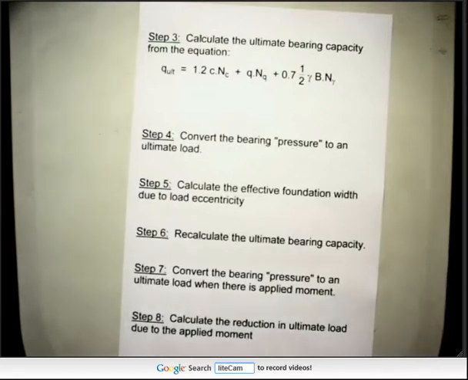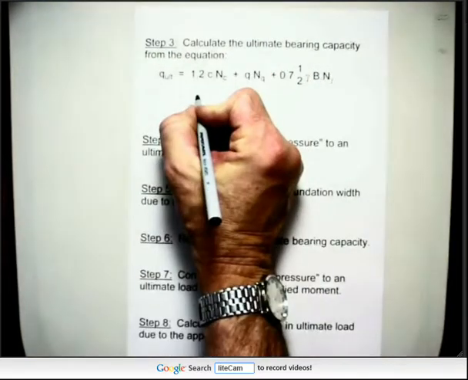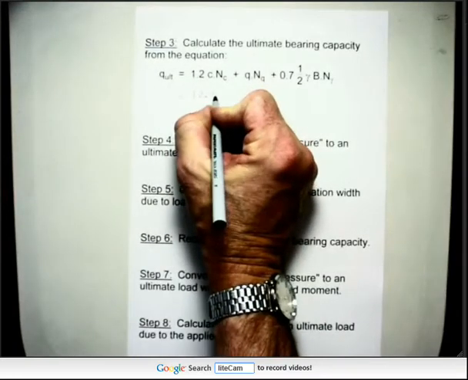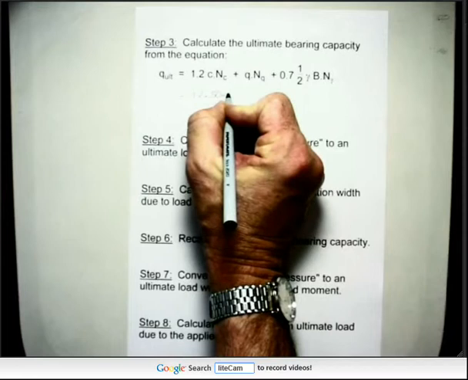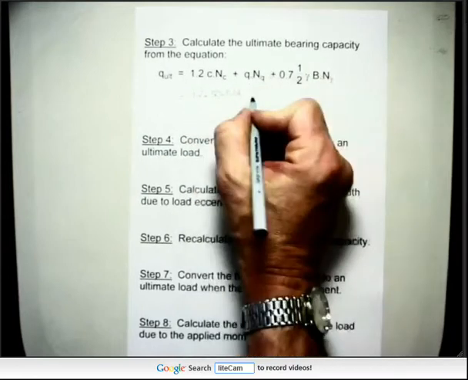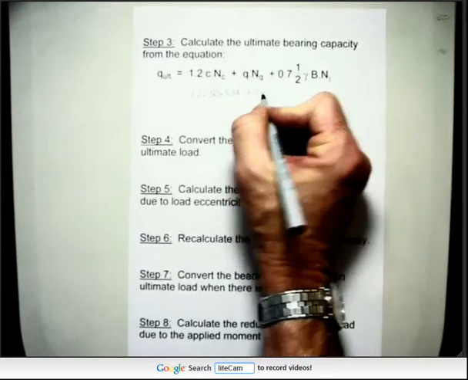OK, so now we want to put some numbers in that. So we're saying it's equal to 1.2 times Cu, which was 50, times 5.14, plus we've got 1 metre of saturated clay.